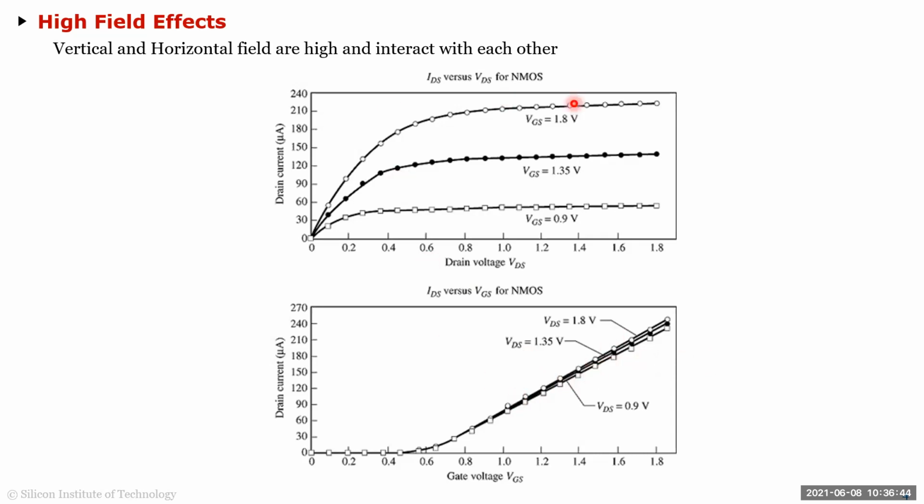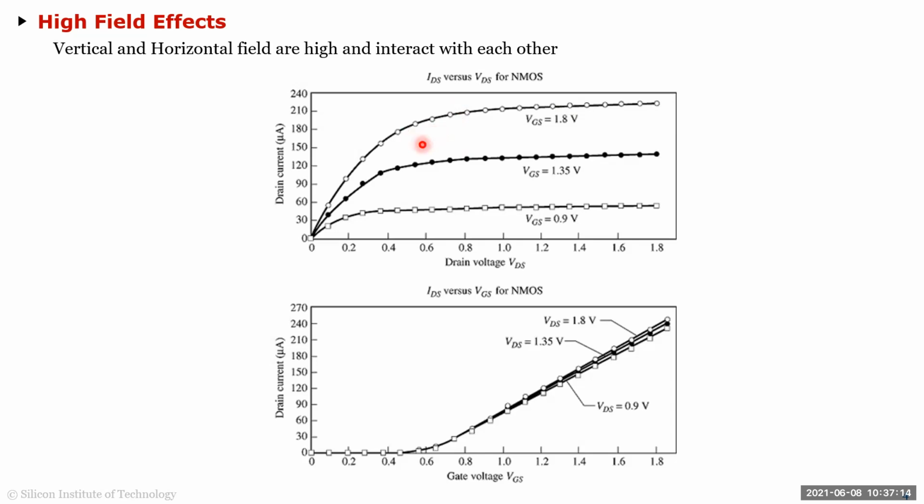And same thing with the VDS versus ID equation. This flattening of the curve happens earlier than what you would have predicted with your long channel prediction. Your long channel prediction might have predicted that the constant current happens over here, but in reality it happens earlier because of velocity saturation, so now you have the current becoming constant at an earlier voltage.